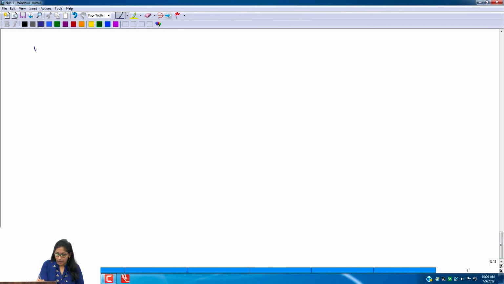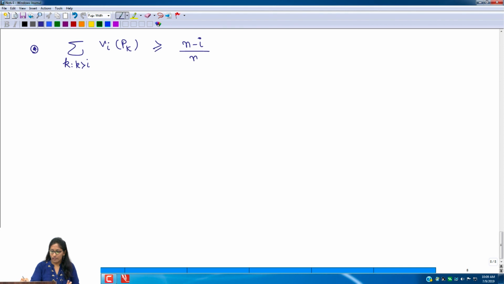I have this inequality where, if you sum over all the pieces coming after his piece, which is Vi of Pk, I will get at least this value for the subsequent pieces.